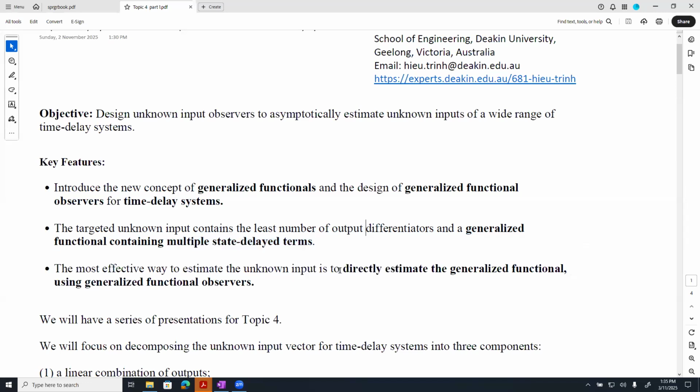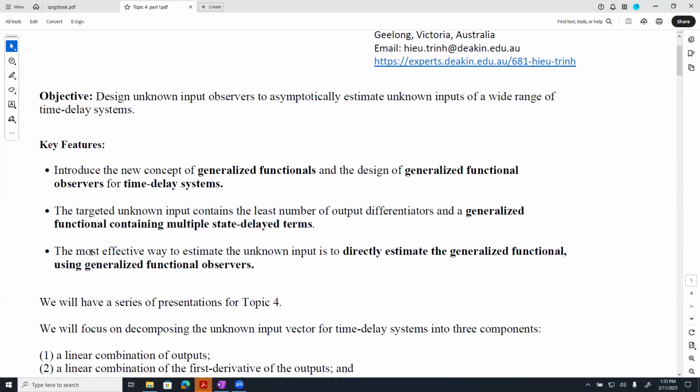And so the most effective way to estimate the unknown input is to directly estimate the generalized functional using a generalized functional observer. So we don't just design a stack observer and then realize the estimation of the generalized functional.